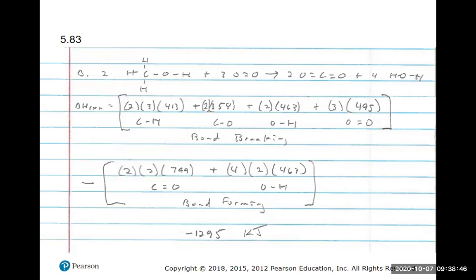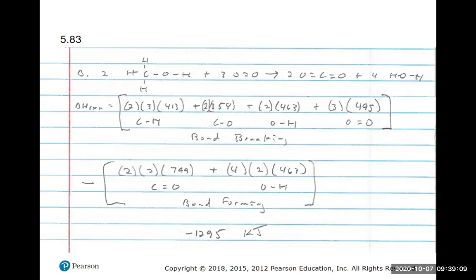Yeah. On the farthest OH, how come there isn't a 2 there? Because isn't that O going to, there's 2 OHs? There is. So if you look down there, it's 4 times 2 times 463. I was looking at the top thing. Yeah, the top one is the bond breaking.